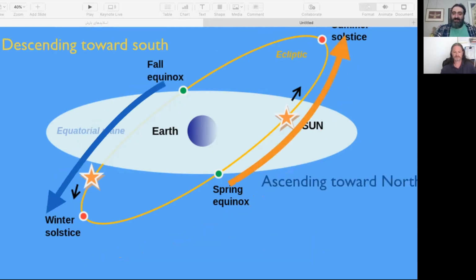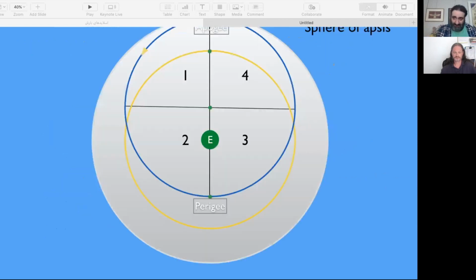It's more important if we have two quarters, ascending toward north and descending toward south. Ascending toward north is more valuable. Having a planet or the sun in this quarter is more valuable because it's both ascending and northern, astrologically and astronomically. And in the descending towards south, it's weaker because it's both descending and southern.